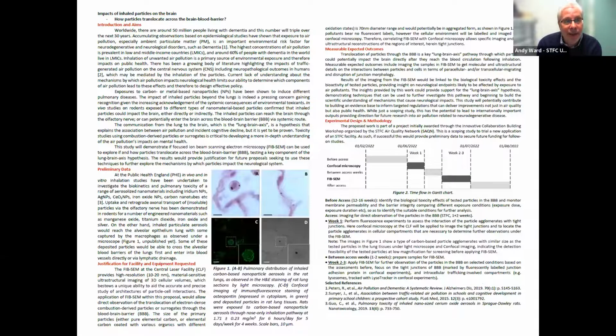This is actually what it turned out as, the final application. It's 2 sides, with all the various prerequisites, such as the introduction, names, preliminary data, etc. Typically, it needs to be pitched at a level where the reviewing panel may not be completely expert in your exact experiment.